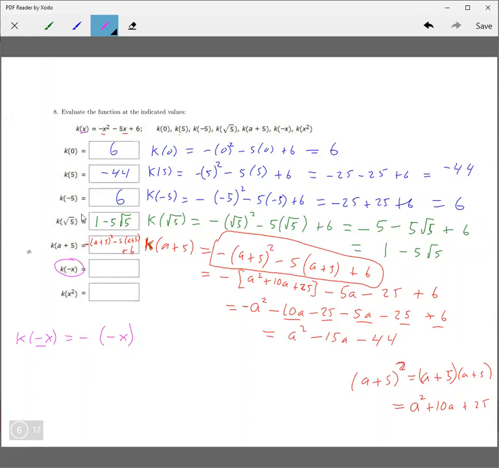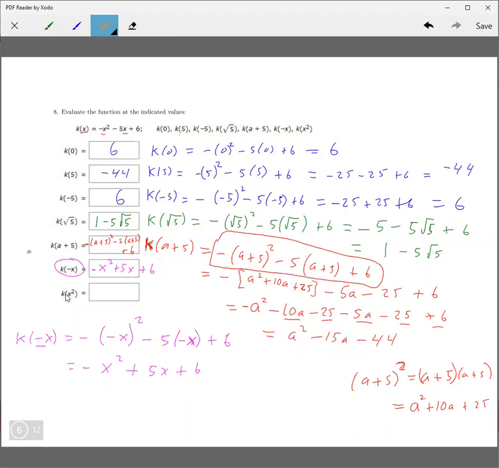This x was replaced with a negative x, so each of these x's has to also be replaced with a negative x with parentheses around it. So when you square negative x, you get positive x squared. This one, the negatives cancel, and you get negative x squared plus 5x plus 6.